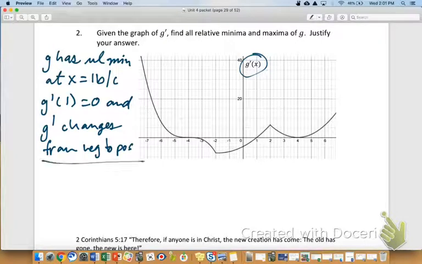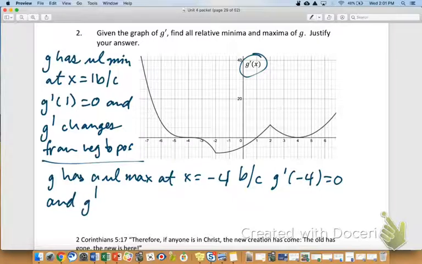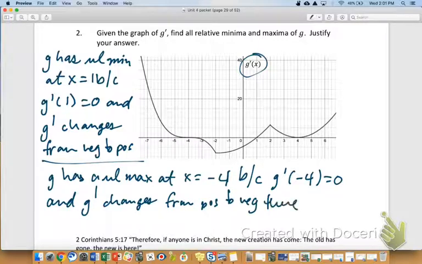We'll get to that in a second, Anna. That's a real good question. Then we'd say G has a relative max at x equals -4 because G prime of -4 equals 0 and G prime changes from positive to negative there. Okay. So are you guys okay with those 2 points being the relative min and max?